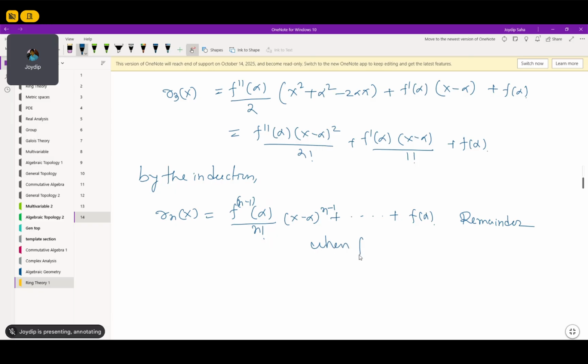When f(x) is divided by (x minus alpha) to the power n, I can write it as f(x) equals (x minus a) whole to the power n into q(x) plus rn(x).